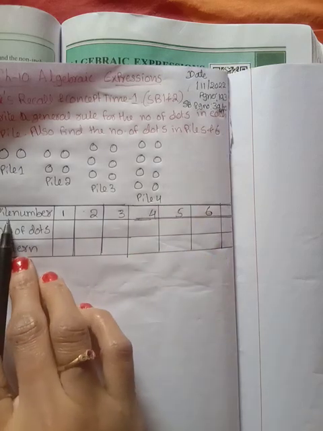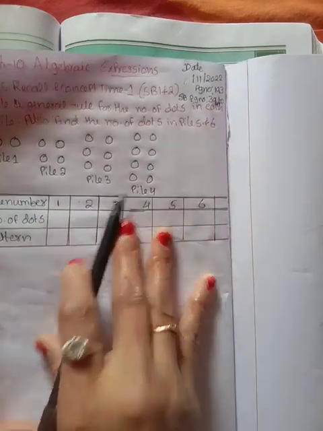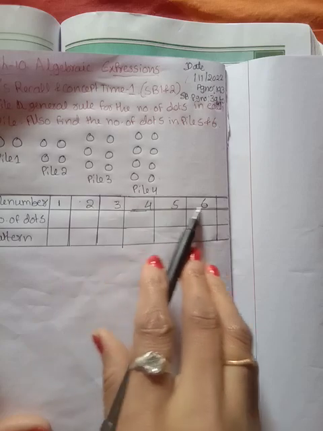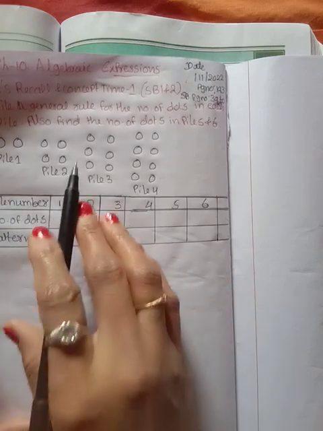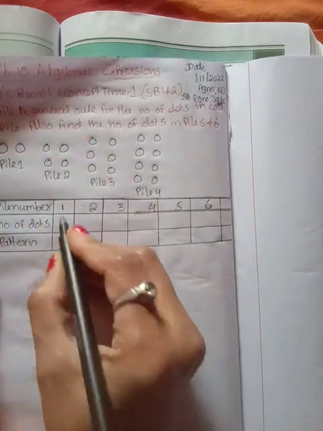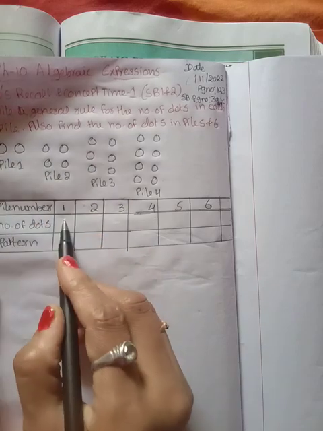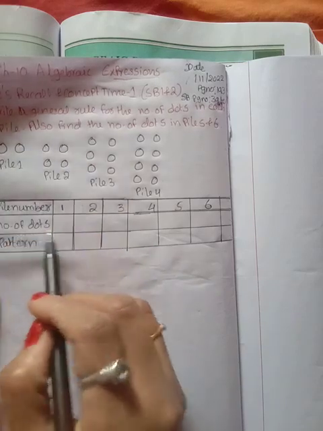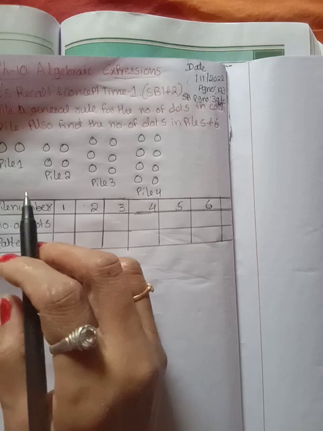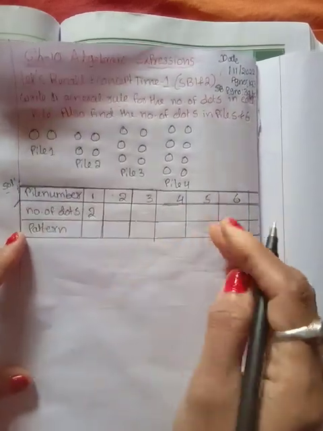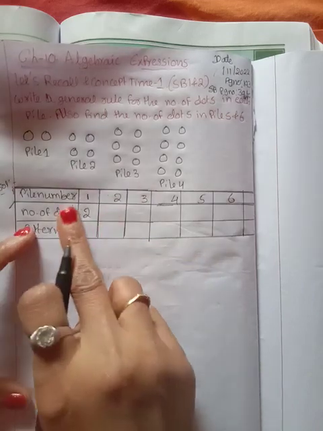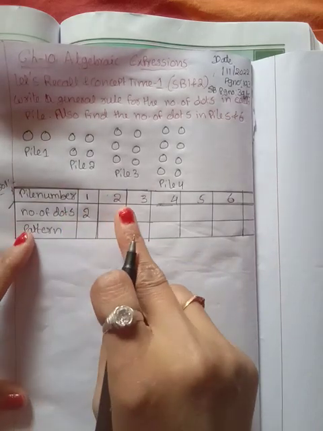Here, draw a table neatly: file 1, 2, 3 and number of dots. Counting the number of dots is no problem. File 1 has 2 dots, so write down 2.